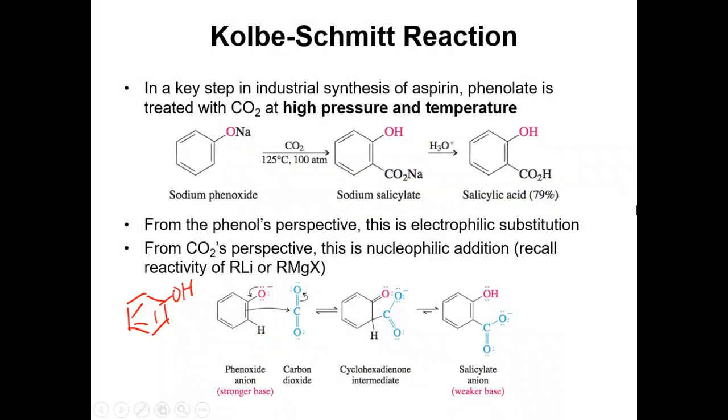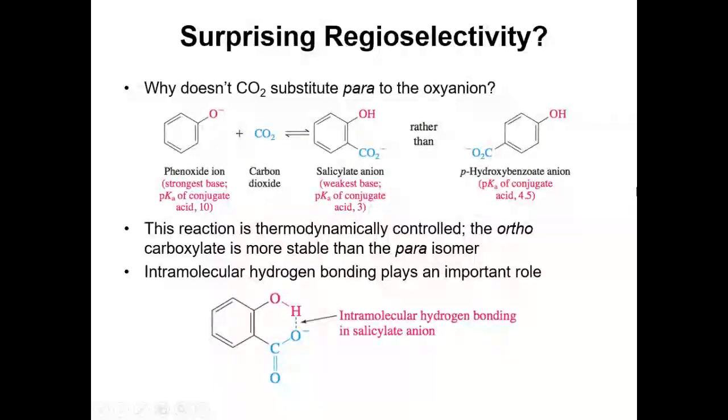Compare the ortho-acylation product and the para-acylation product. The ortho-acylation product is sizably more stable than the para product because in the ortho product you have an intramolecular six-membered hydrogen-bonded structure.